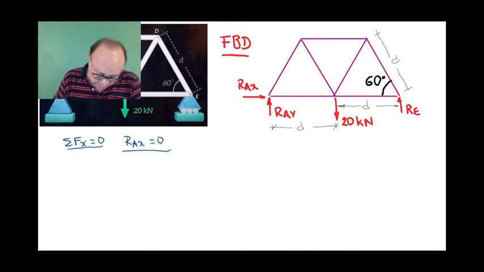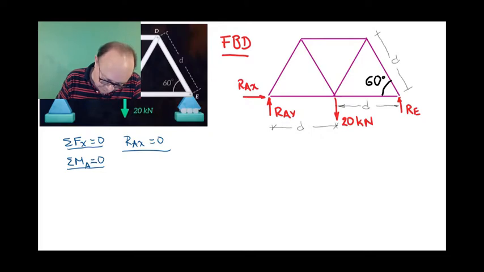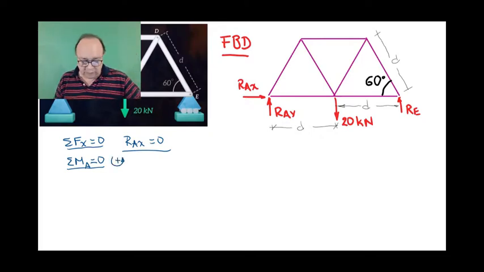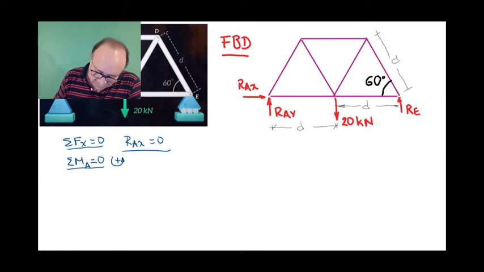We can take summation of moments around point A equals 0. We can say positive in this direction. Remember we said when we talk about equilibrium of free bodies, you can take any convention of signs you want. So the moment produced by RE is counterclockwise, so it will be positive here.